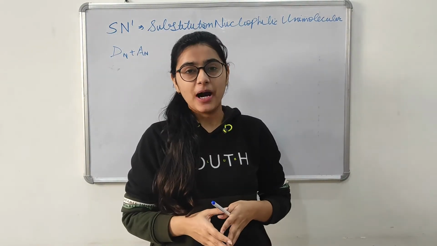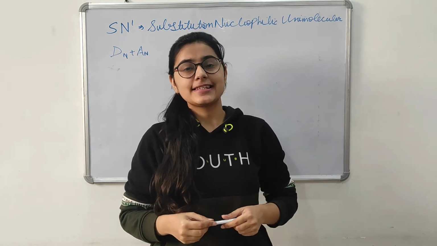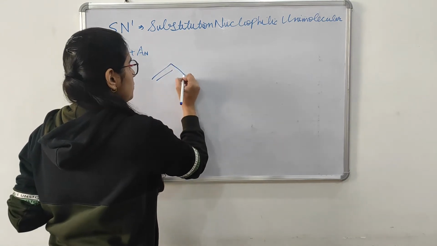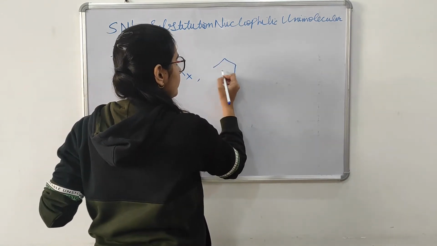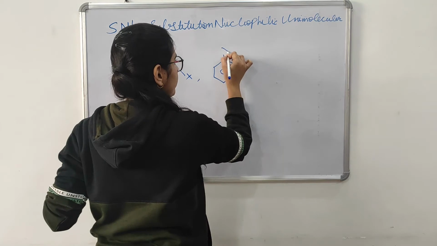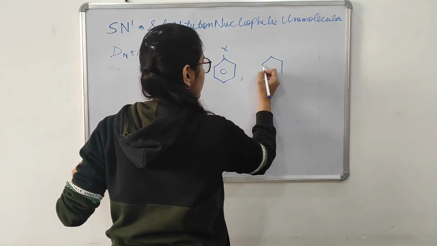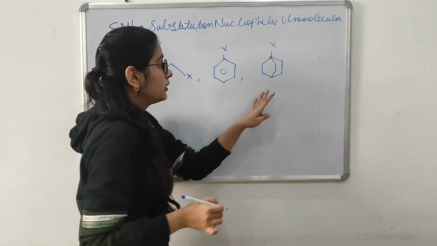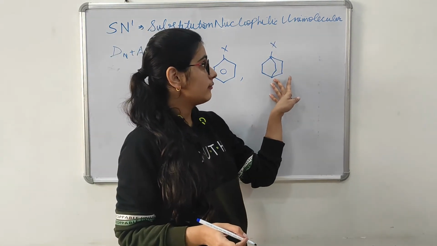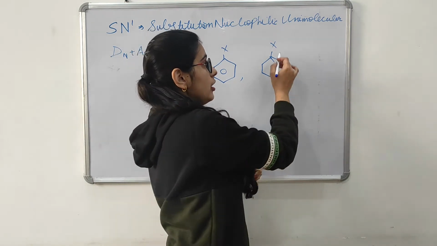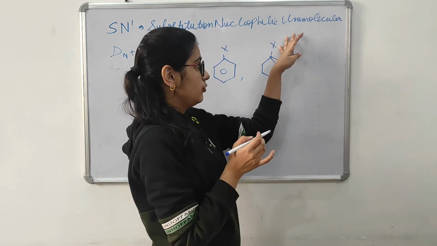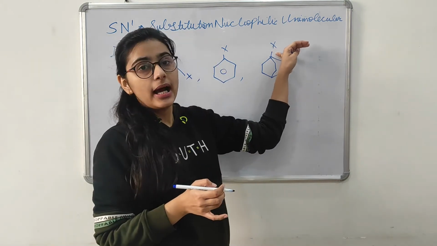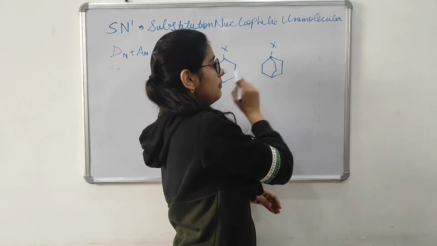Now we have some compounds which neither participate in SN1 nor SN2 reactions. Like we have compounds like these. So this will not participate in SN1 or SN2 reaction, because if the nucleophile gets removed, it will get a positive charge over here, and this will be unstable at the bridgehead carbon atom.